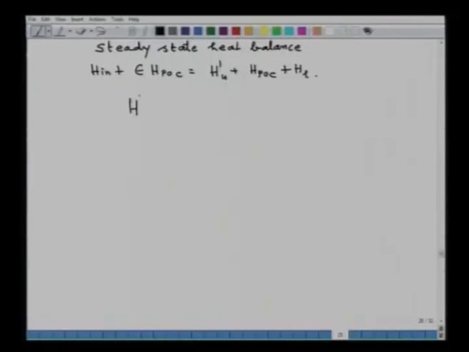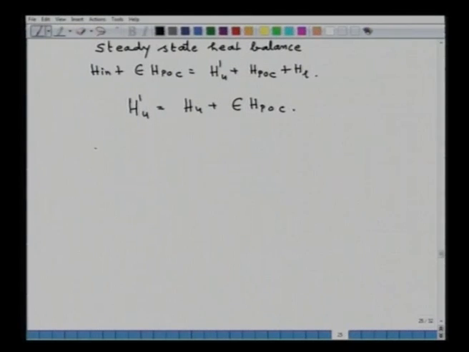Then what will happen to the additional amount of heat which you have supplied into the furnace? All the additional heat will be used to heat the extra amount of product. So, that means here H dash U will be equal to H U plus epsilon H POC.